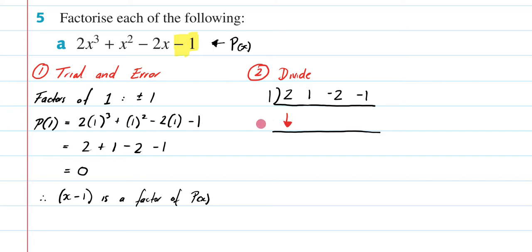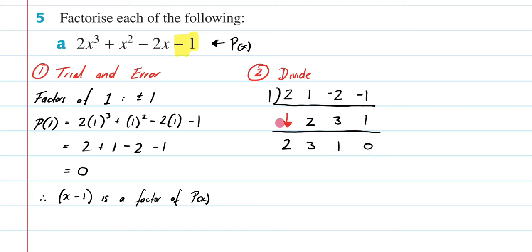Oh well, we'll have to live with it. I'm going to take it down here and put 2 here. Then I'm going to go 1 times 2 is 2. Then 1 plus 2 is 3. Then 1 times 3 is 3. Then negative 2 plus 3 is 1. Then 1 times 1 is 1. Then negative 1 plus 1 is 0.